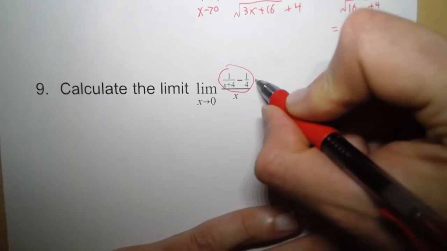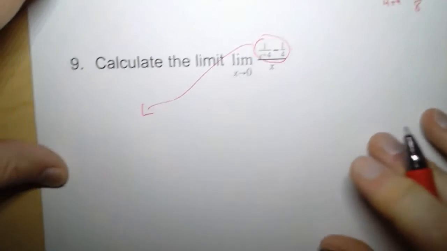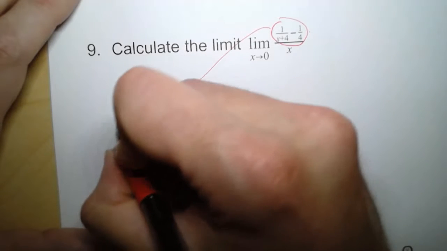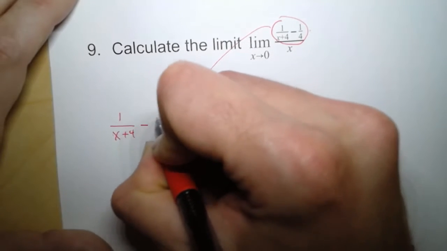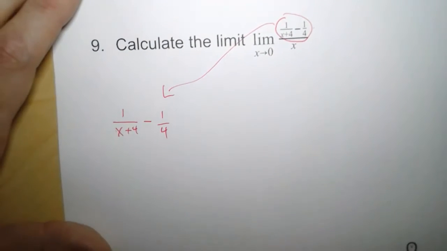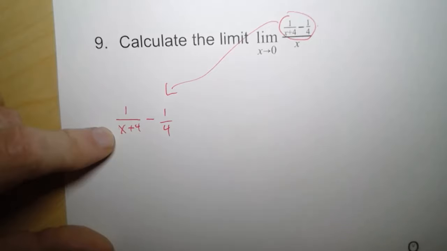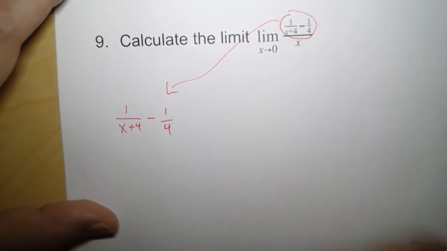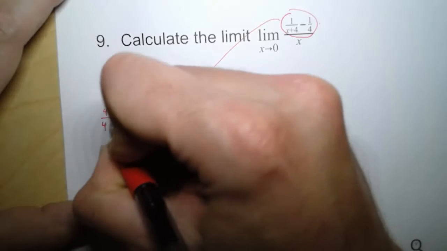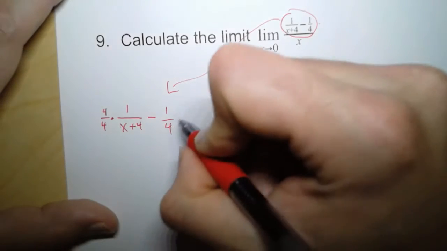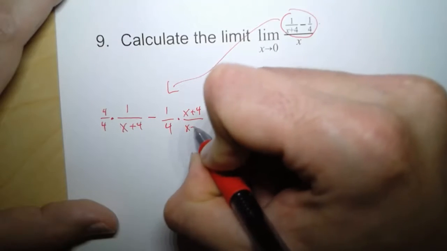So I'm just going to move that over here. And so we have 1 over x plus 4 minus 1 over 4. So to get these 2 fractions to come together, we need to multiply the first fraction by 4 over 4, and the second fraction by x plus 4 over x plus 4.